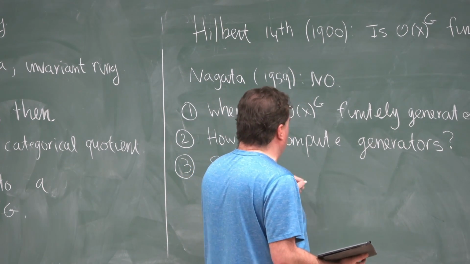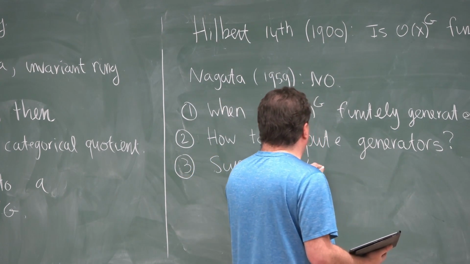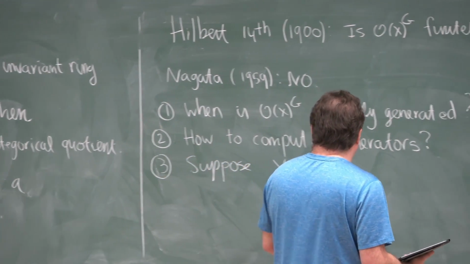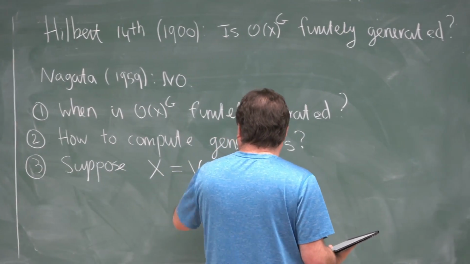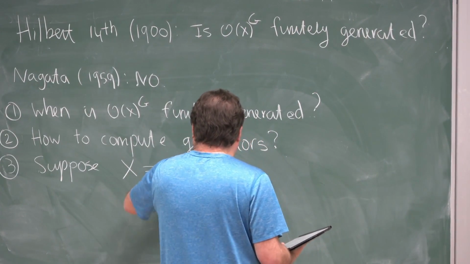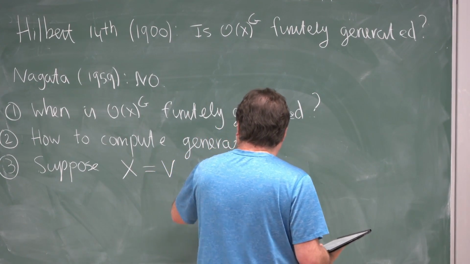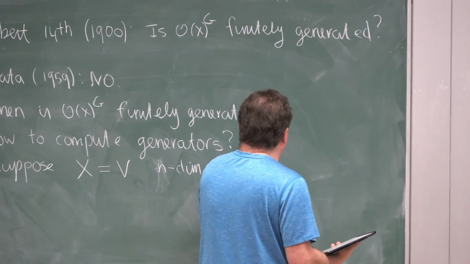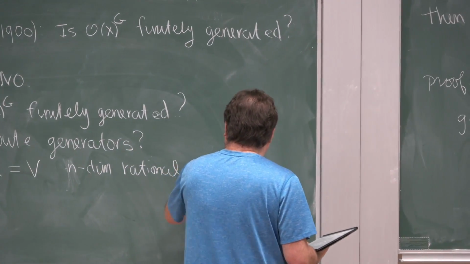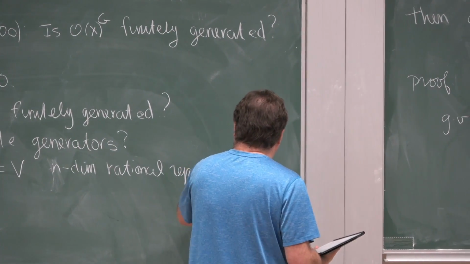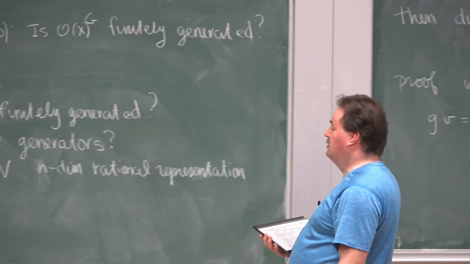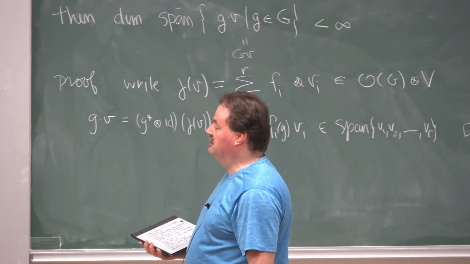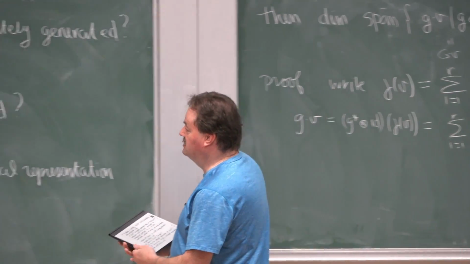suppose, maybe in the special case, X is, for example, V, where V is a finite-dimensional, let's say n-dimensional, rational representation. So V is a finite-dimensional vector space on which G acts rationally.